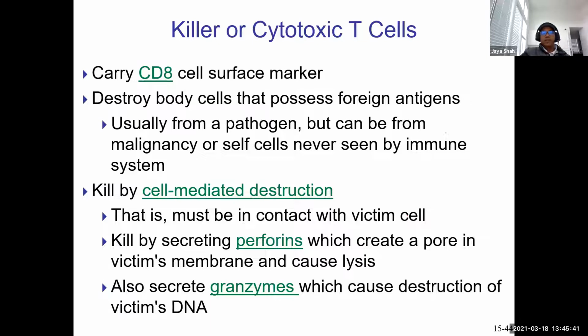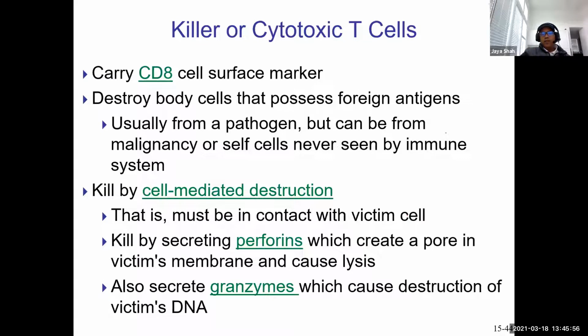They kill by cell-mediated destruction. So cytotoxic cells produce perforin and granzymes.